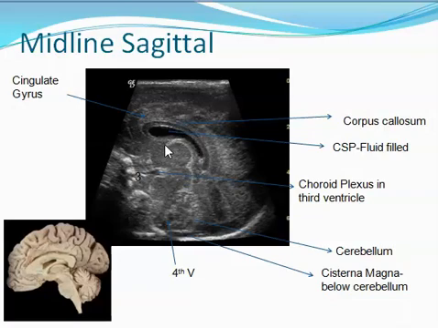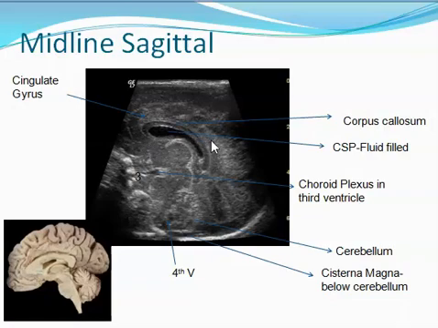Then you will see this area, a small little notch. This is called the caudothalamic notch, and this is the area of the thalamus, and the one just next to this comma-shaped anterior part is the caudate nucleus.